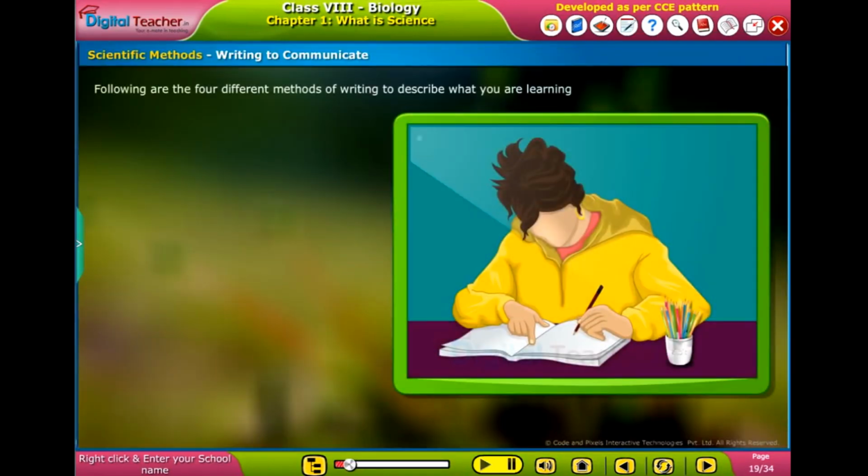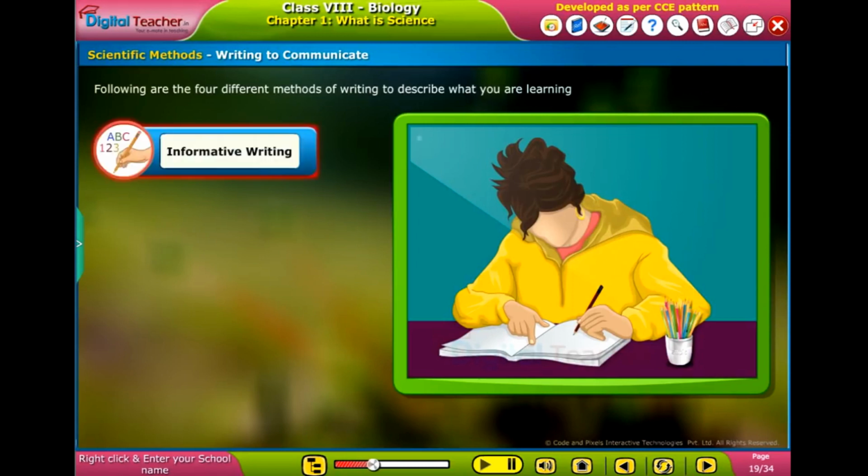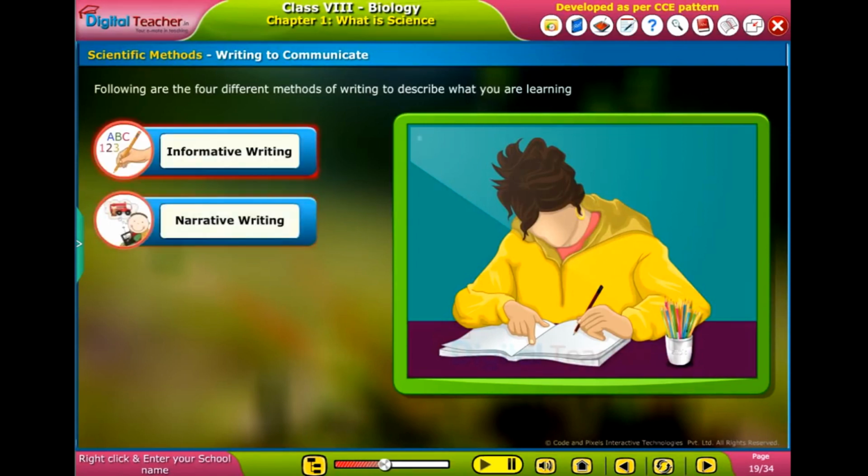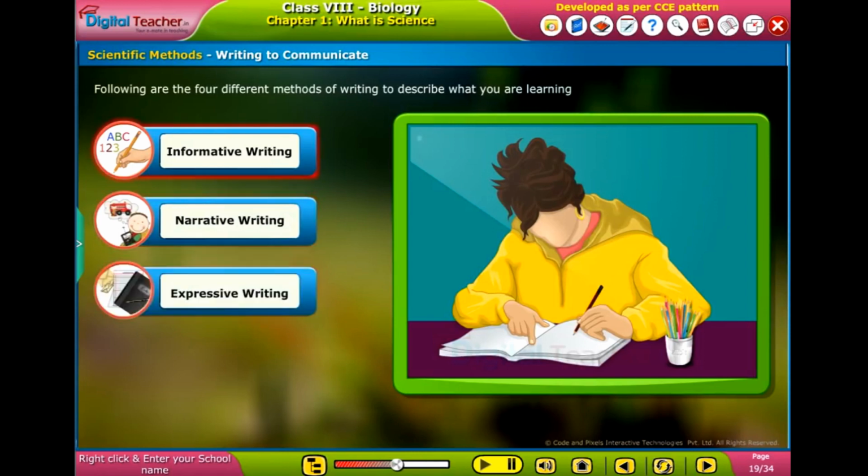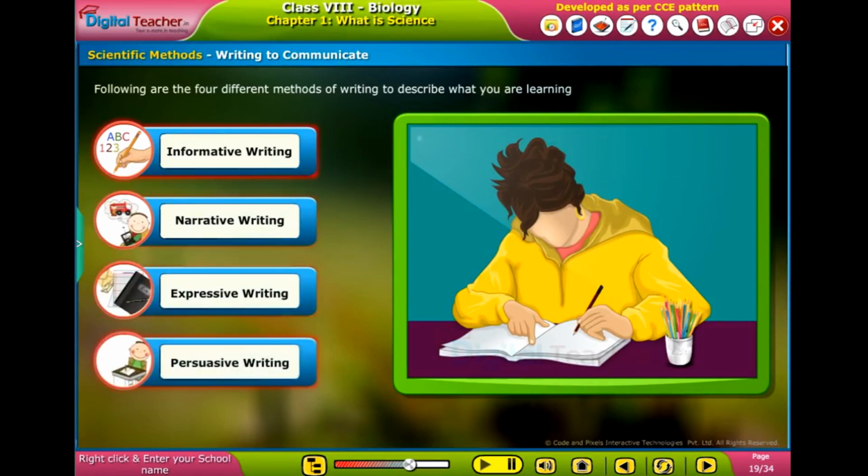Following are the 4 different methods of writing to describe what you are learning: informative writing, narrative writing, expressive writing, persuasive writing. Click each writing tab to know more.